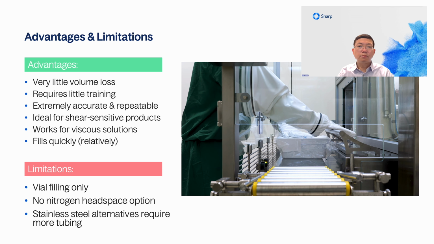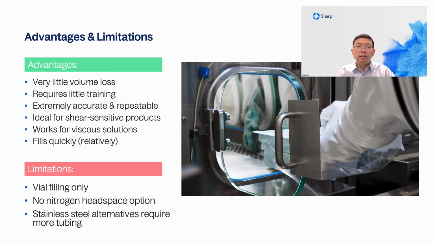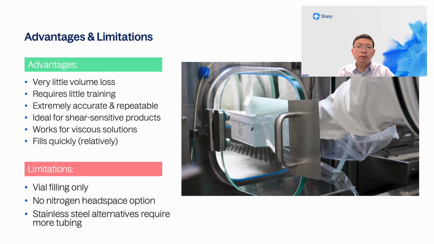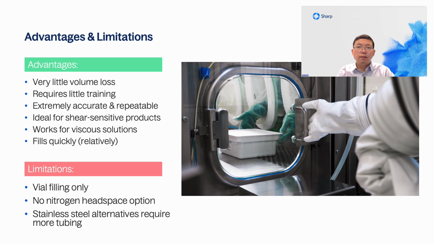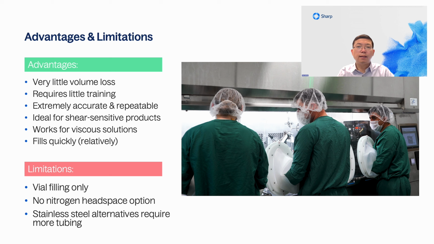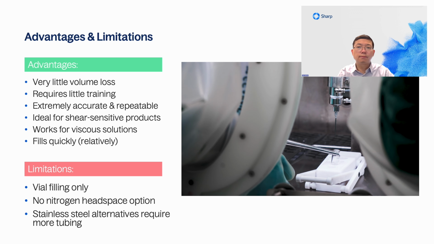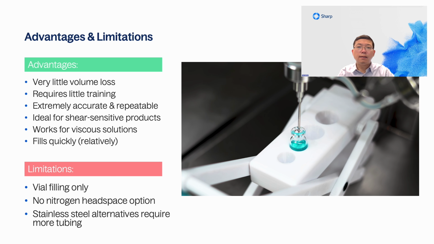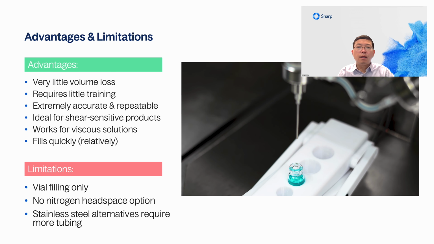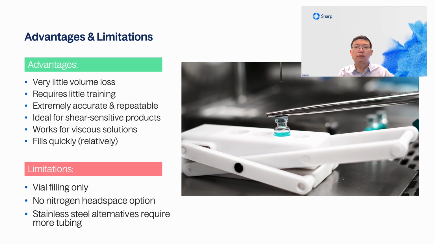So let's talk about some advantages and the limitations of this filling process. The advantages include very little volume loss. There is significantly less product loss than a traditional filling process. This process also involves very little training. Only hand pipetting could offer less line loss.